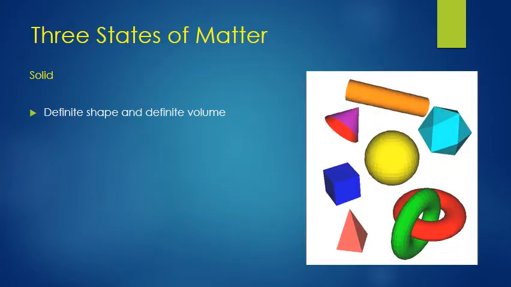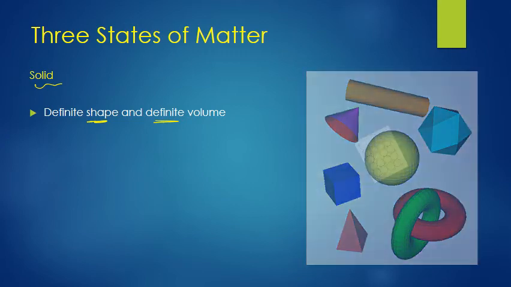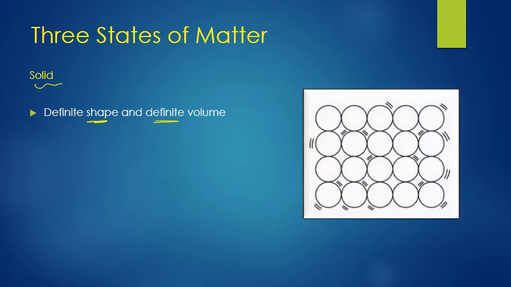Now, there are 3 main states of matter. This should all be a review from middle school, but hey, middle school was so long ago. We'll just try it again. So we have solids. Solids have a definite shape and a definite volume. These are all pictures of geometric solids that at some point along the way you should have to do some funky calculations with. And all of the atoms are moving.